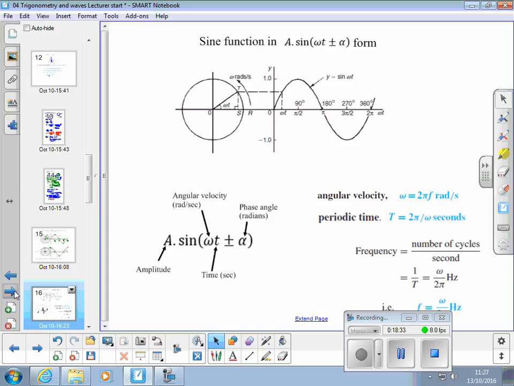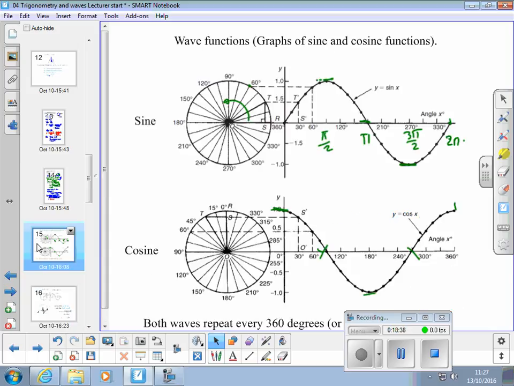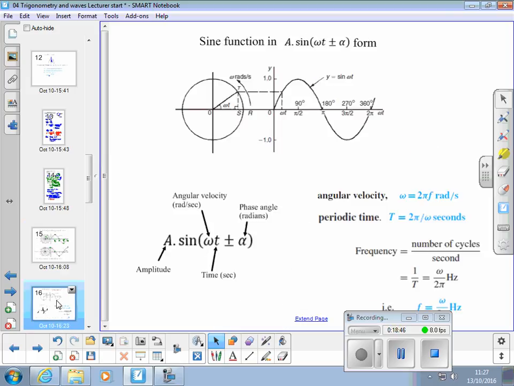So in the original one, it was just sine of the angle, there was nothing in front of it, so it peaked at 1. If we made A 2, then the peak of that waveform would go up to 2, and I'm going to show you that in a minute anyway. So the A in front is the maximum.